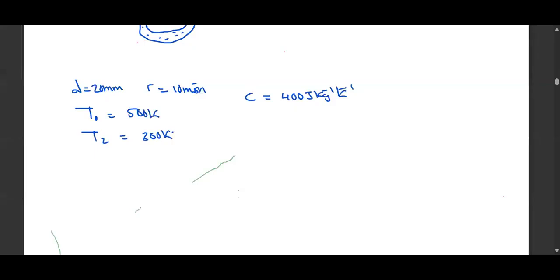I think that is all. So initial 500, then the surrounding is 300. They want us to come up with the rate at which the temperature is going to be dropping.